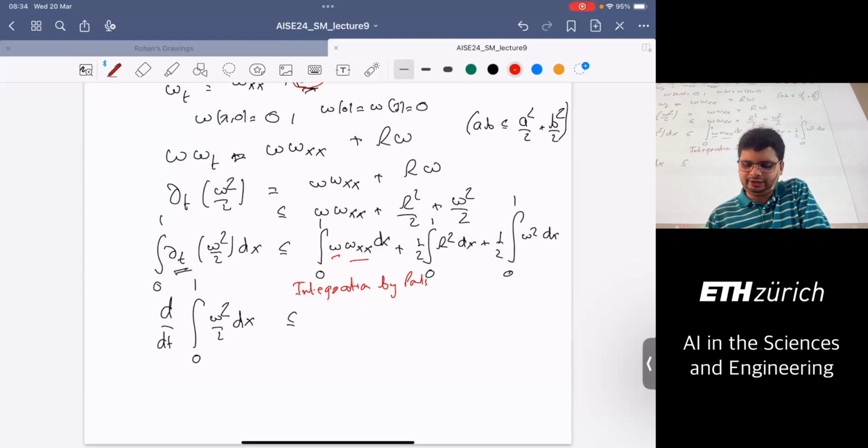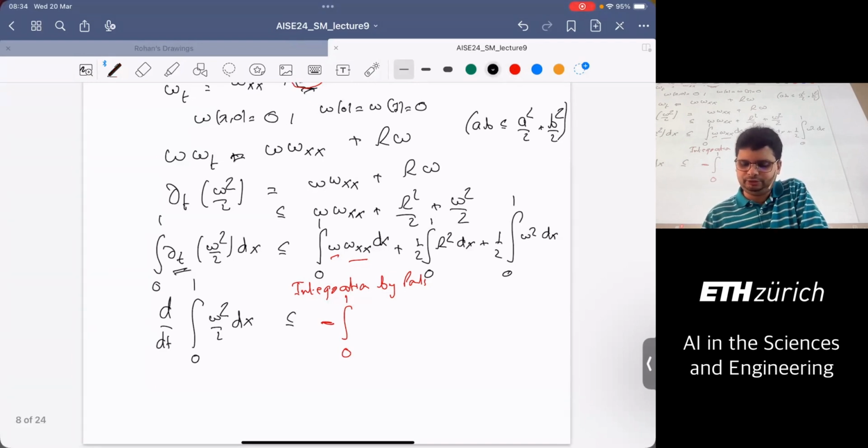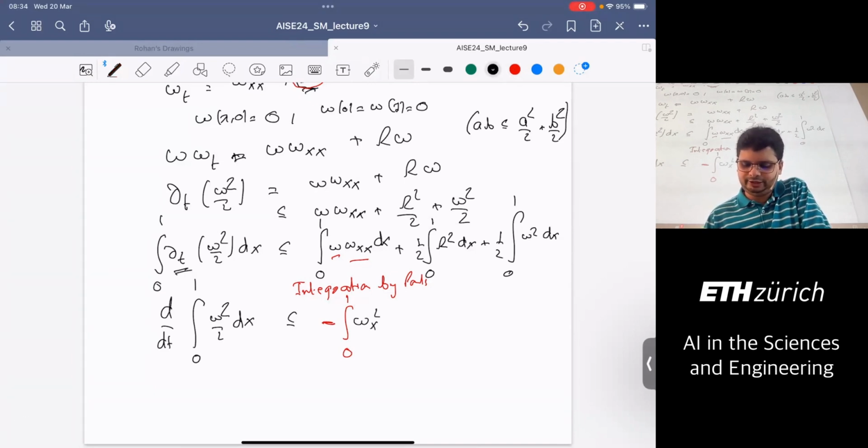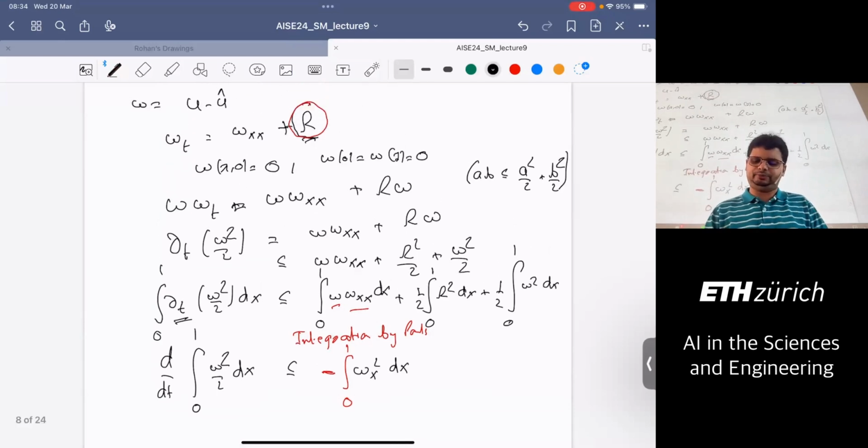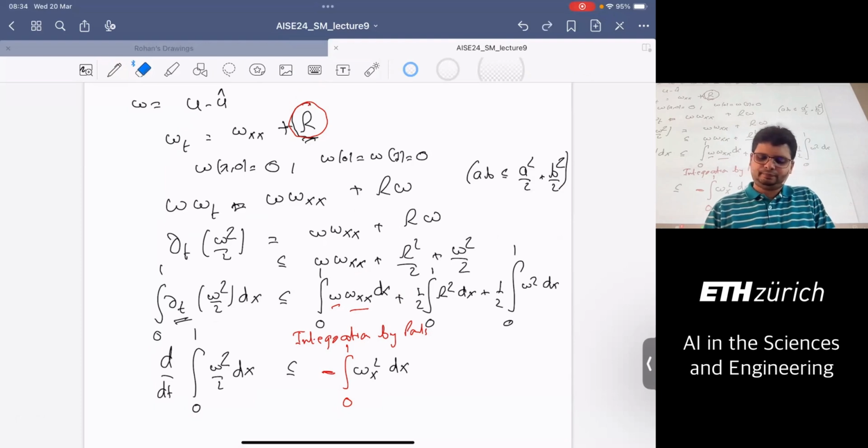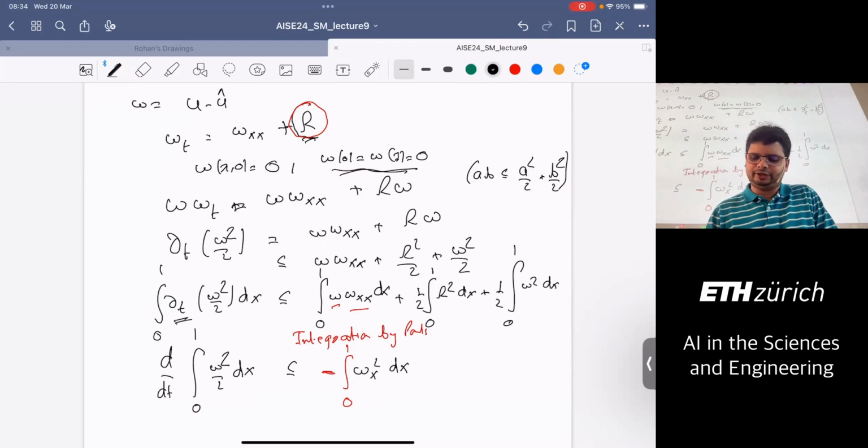If you take it, then you have minus the integral from 0 to 1 of W_x, so you throw a derivative onto W, so it's W_x squared dx. And the boundary terms are going to vanish. Can anyone say why the boundary terms are going to vanish? Because the boundary conditions themselves are 0. So the boundary terms are going to vanish.